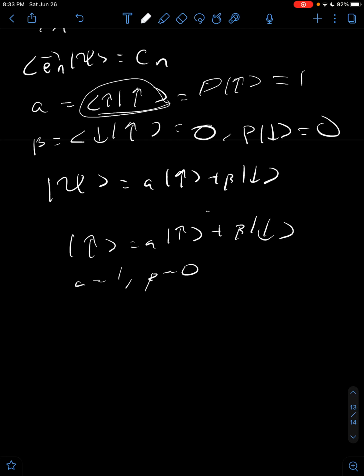So that's like one exception. Usually, before it goes through the detector, it's not in the spin up state, nor is it in the spin down state. It's in some combination of that, which is true. But the combination can have alpha 1, beta 0, and vice versa.